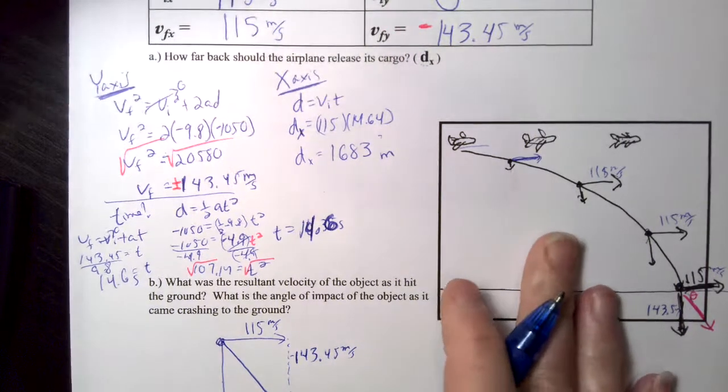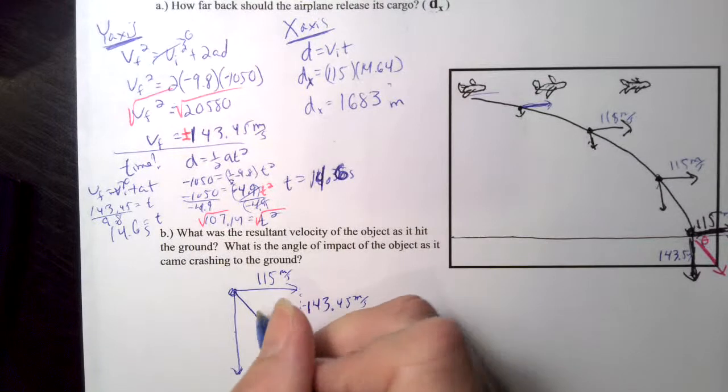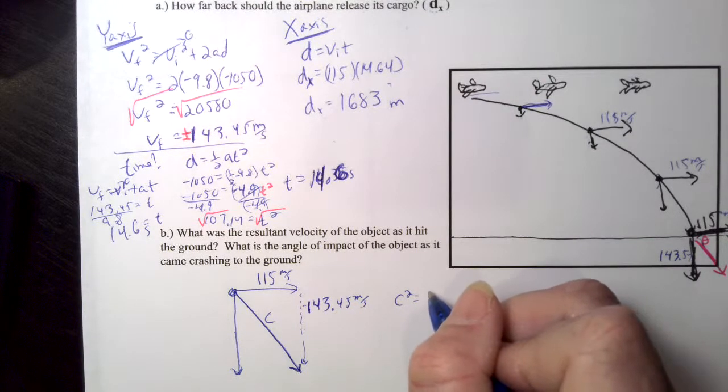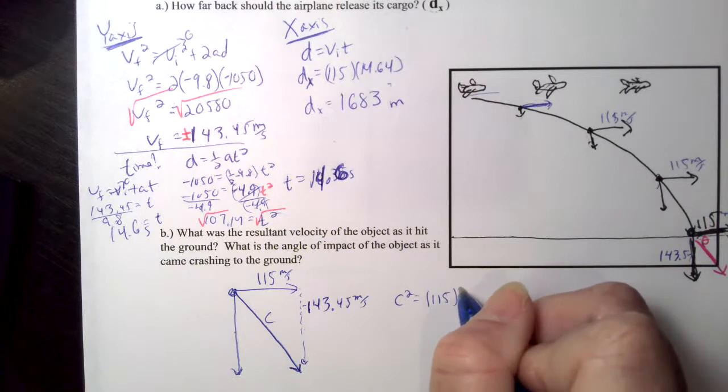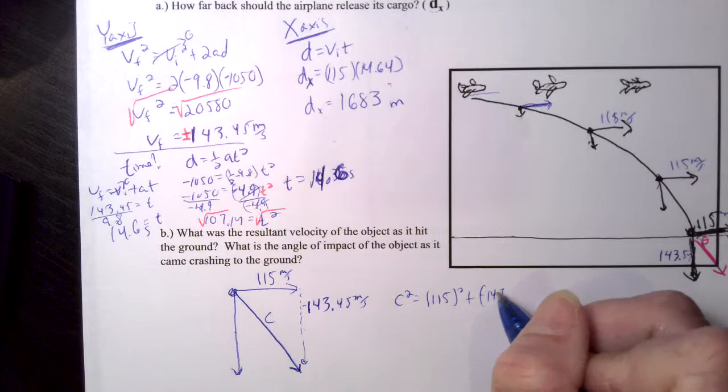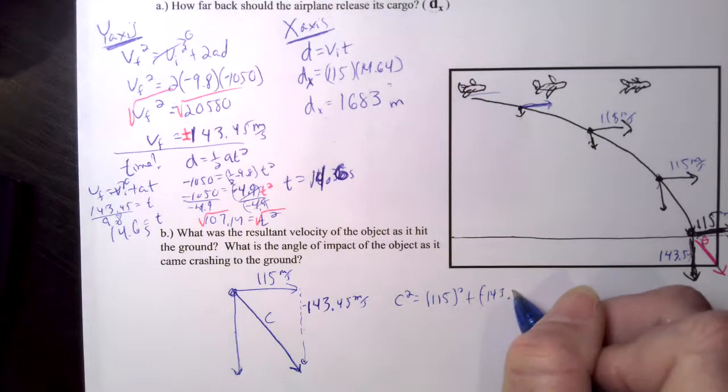It's the negative. I'm trying to find C. A squared plus B squared equals C squared. So I'm going to do 115, there's your A, squaring, plus there's your B, 143.45. You negative, you square it, it becomes positive.